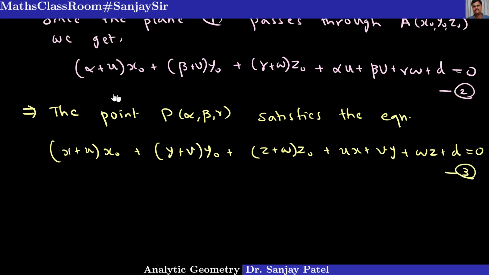Wherever alpha, beta, gamma is there, we are just replacing it by x, y, z. So I can say that P(alpha, beta, gamma) satisfies this new equation.